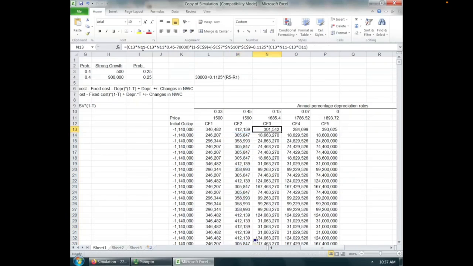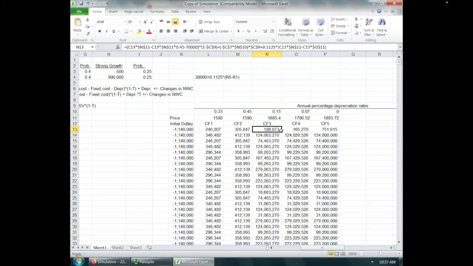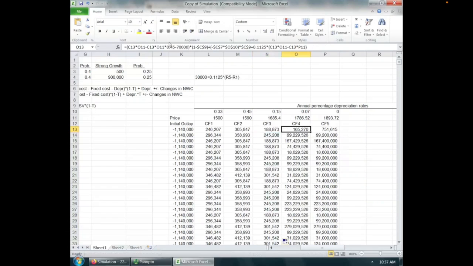Let's do the same thing here. Let's fix the prices. And here. And drag this down. In year 4, same, fix the prices.